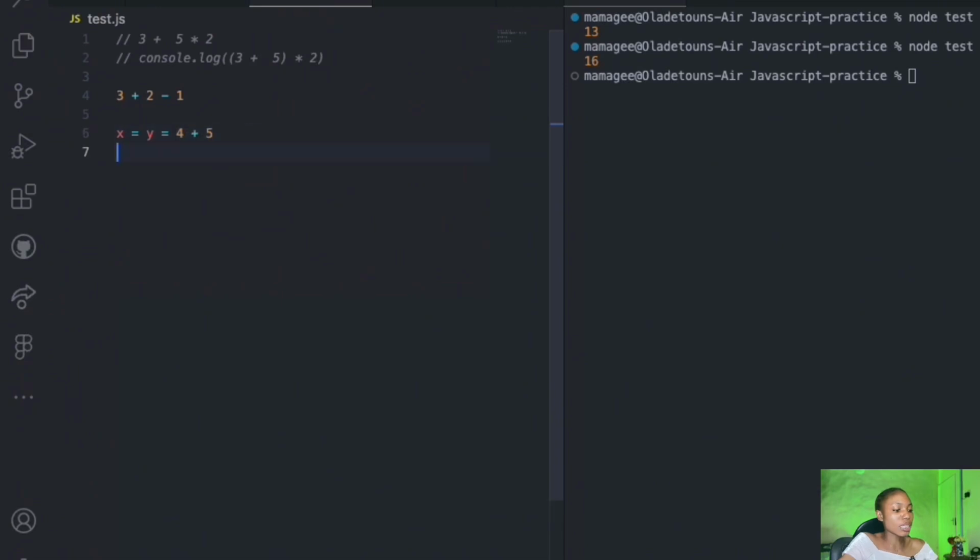Behind the scenes, this will turn into x equals y equals 9, which is the first step of execution. After which, now you have assignment operators, right? As opposed to left to right associativity, assignment operators are from right to left. And this is what it means.